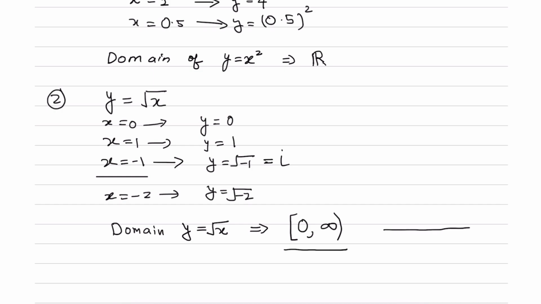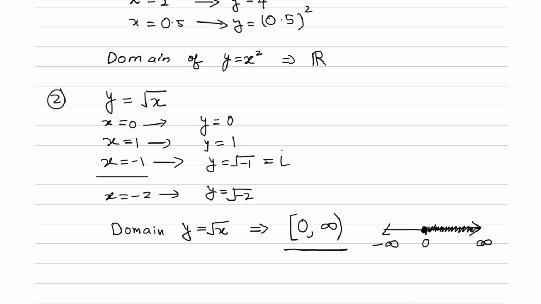For example, let's look at this on a real number line. The real number line has minus infinity on the extreme left end and plus infinity on the extreme positive end, and in between you have 0. So the allowable x's for the function y is equal to square root x in this case are these numbers which I'm highlighting, including 0.